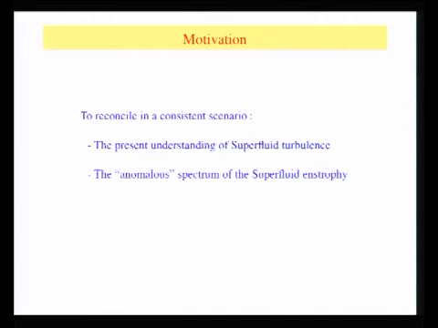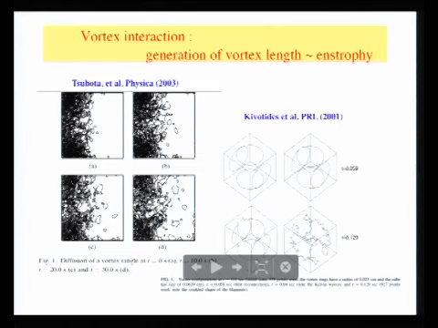So we wanted to reconcile the classical model of turbulence, superfluid turbulence, and this anomalous spectrum. To try to understand what can make the difference between these two kinds of turbulence, we go back to what makes superfluid turbulence specific.